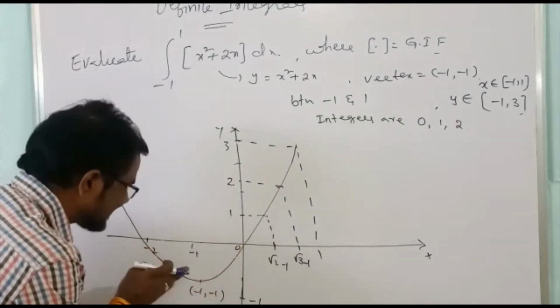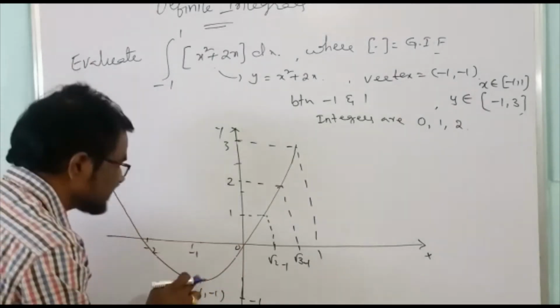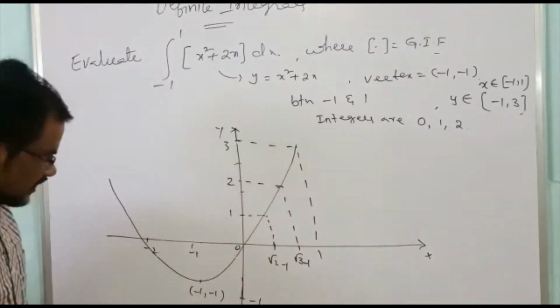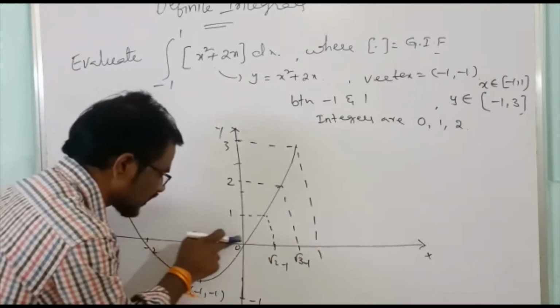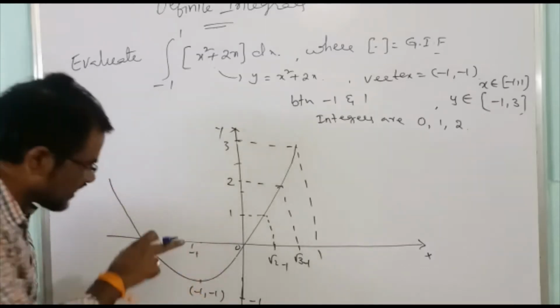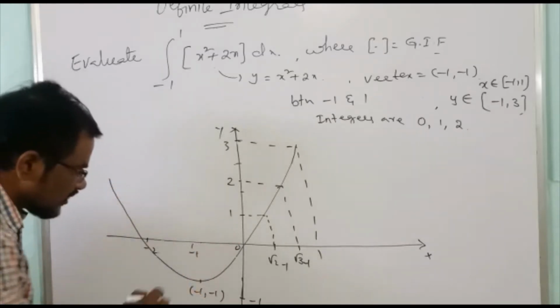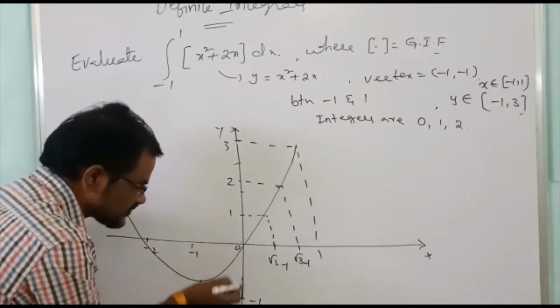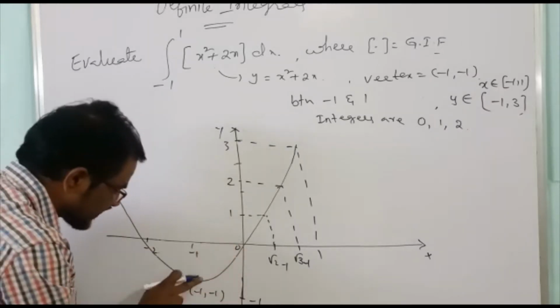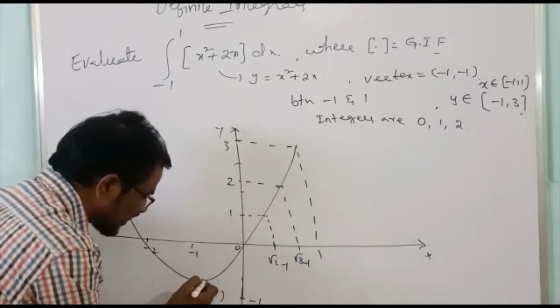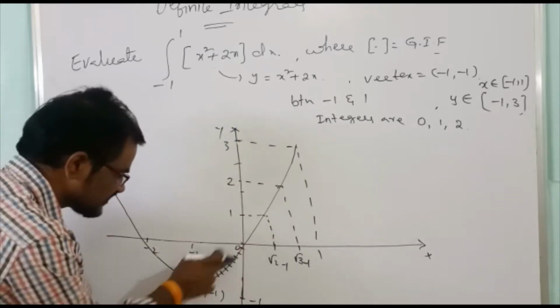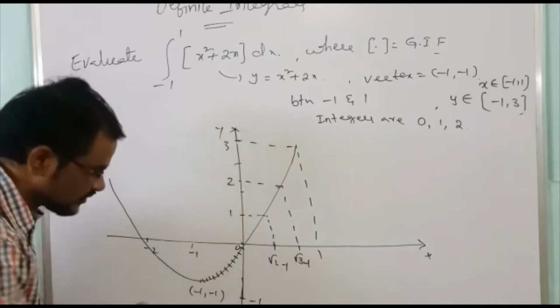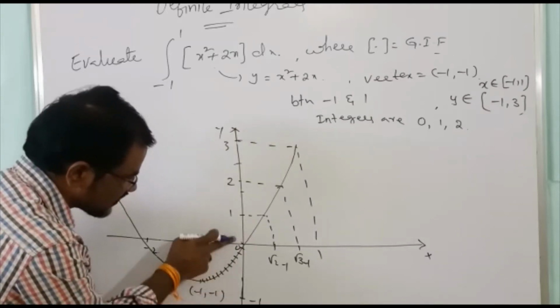So we have to find the integral from -1 to +1. Once you observe here, x value is from -1 to 0, and the y value varies from -1 to 0, right? This curve exists between -1 to 0, so the y value also exists from -1 to 0.